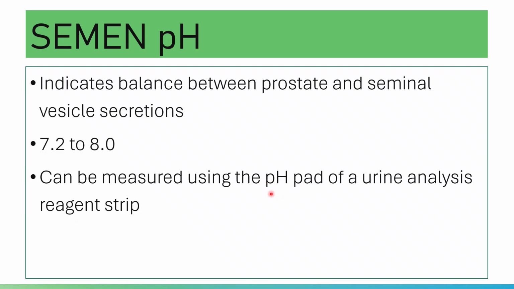For the pH pad of a urine analysis reagent strip, it is the same procedure as in routine urine analysis: you dip the pH pad, allow the reaction to occur, wait for the reaction time, compare it with the color chart provided by the manufacturer, and record your results.